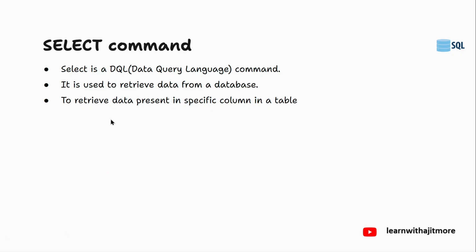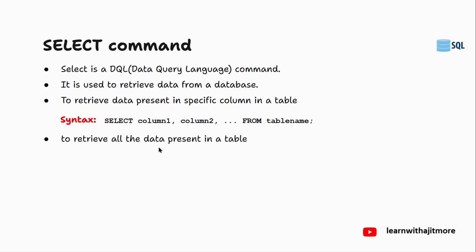If you want to retrieve data present in specific columns, use SELECT selected columns FROM table. So selected columns but all rows. And to retrieve all the data present in a table, use SELECT star FROM table. But in both of these examples, what is coming?